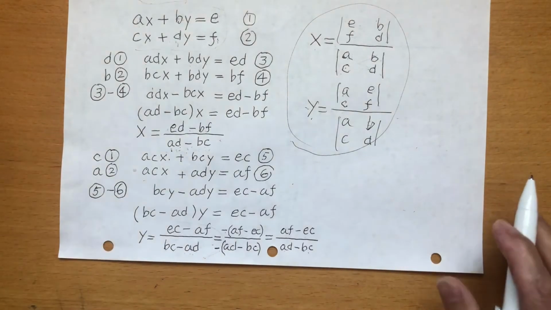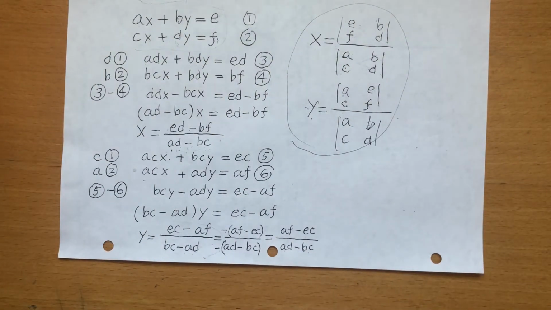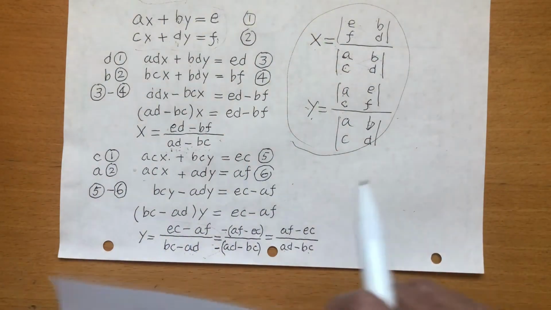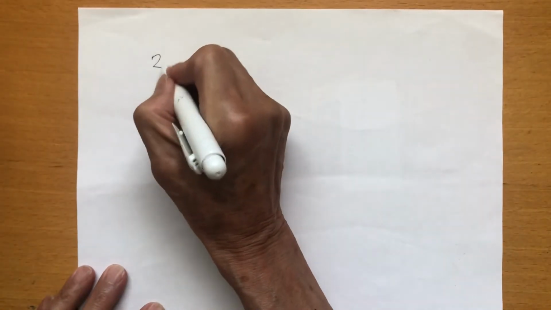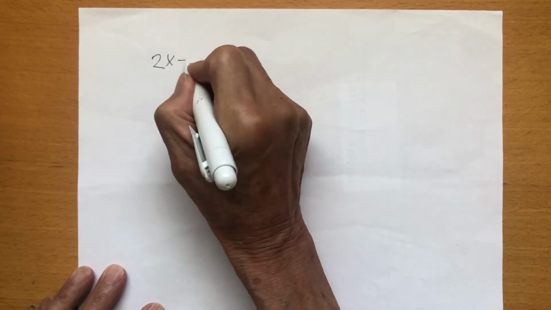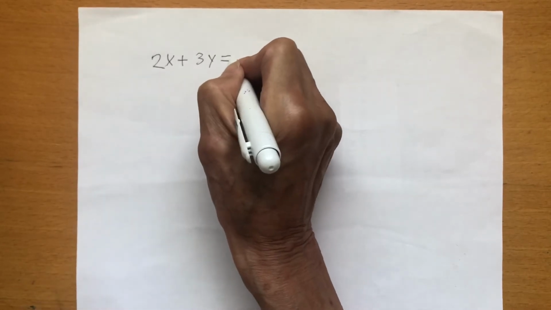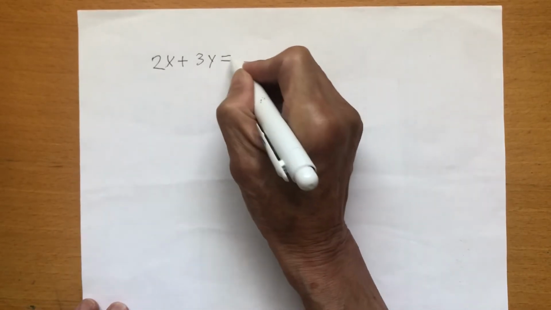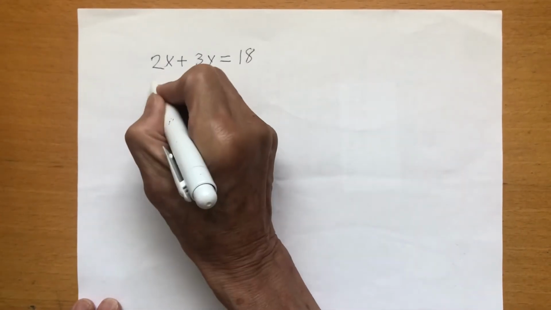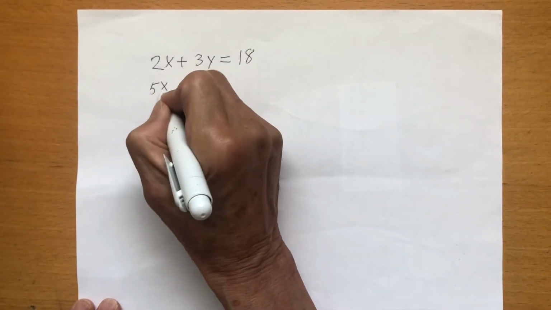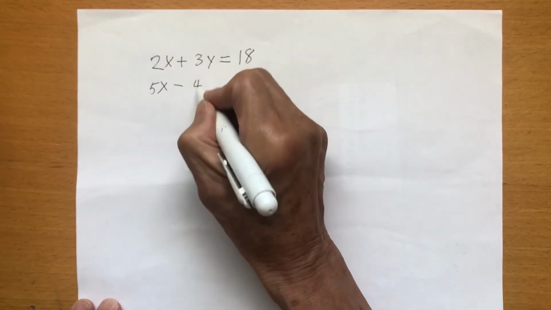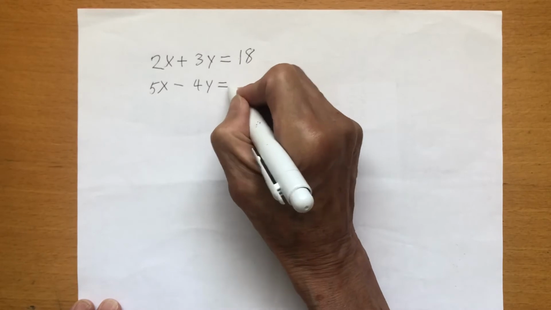Okay. So now let's do some examples. Let's have the example: 2x plus 3y equals 18, and 5x minus 4y equals -1.